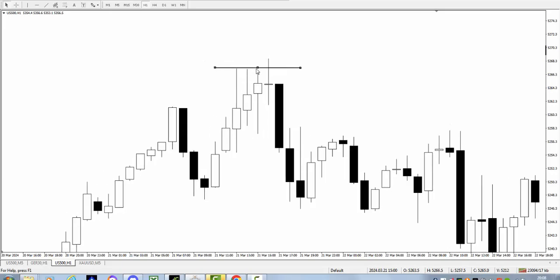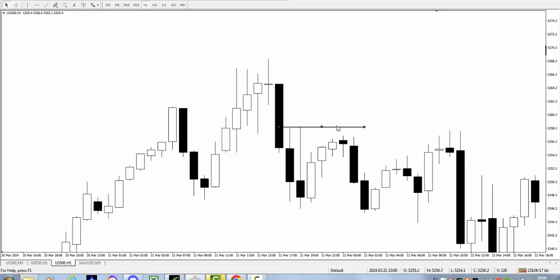Well, if I manage to pick up this little line properly and drag it down here, we've got virtually another twin spike here, just like we have at that top. Now usually you would expect them to take out that liquidity because it's a twin spike and that's where liquidity rests.